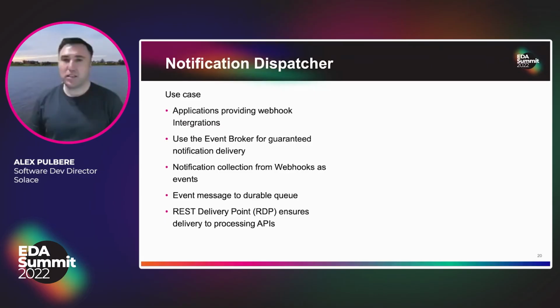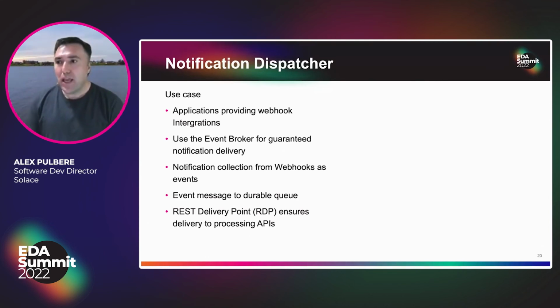So this use case is specific to applications that provide webhook integrations. Right now, quite a few cloud applications allow customers to receive certain notifications through webhooks, which are usually REST-based. For this example, let's consider Datadog, which can send alerts as webhook REST requests.